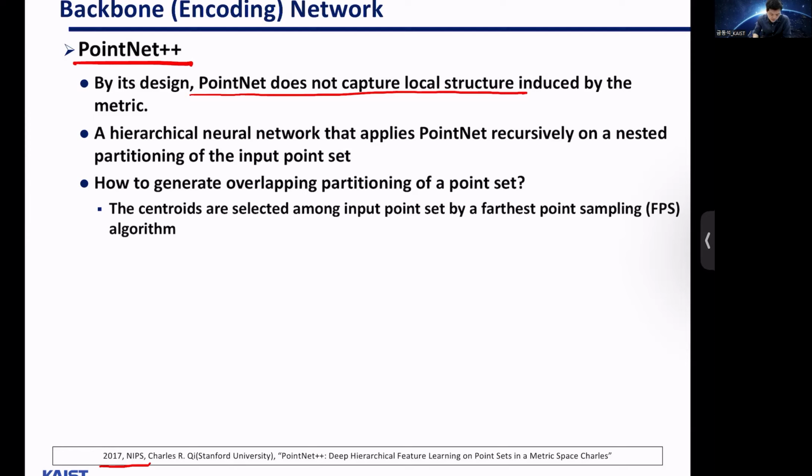What this means is that the original first-generation PointNet did not have this hierarchical feature abstraction, whereas many of the image CNN backbones do have hierarchical feature abstraction characteristics.